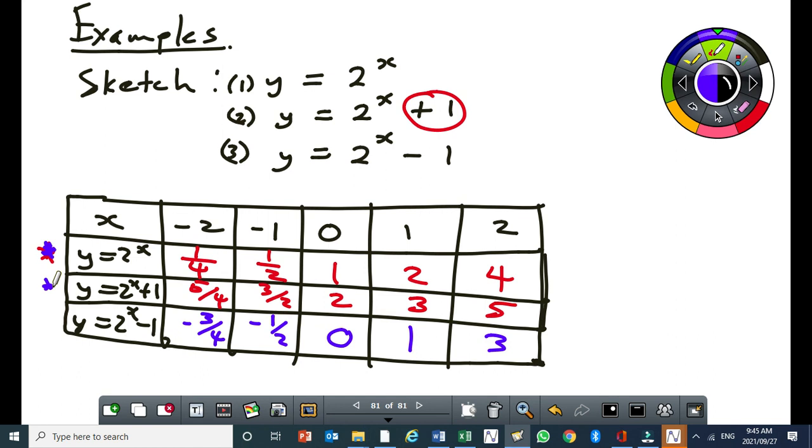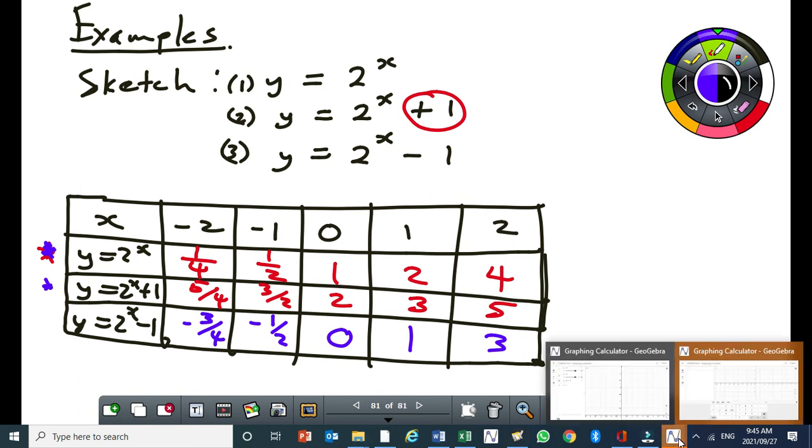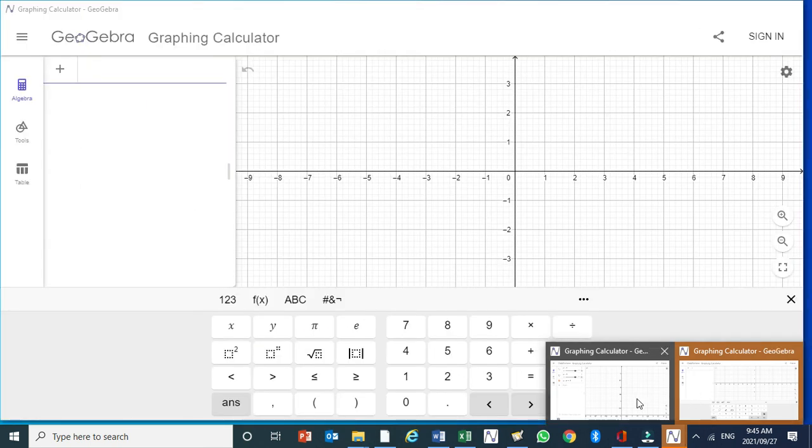Right. Let me do it properly on a graph. Okay, my minimum is -2. Okay, so let me take this.